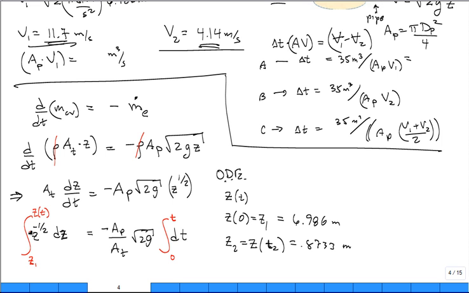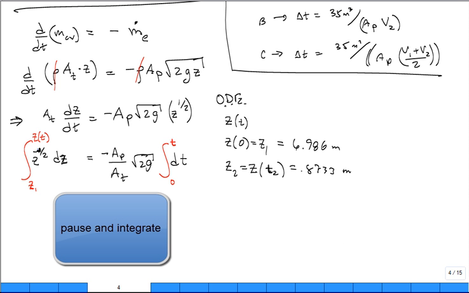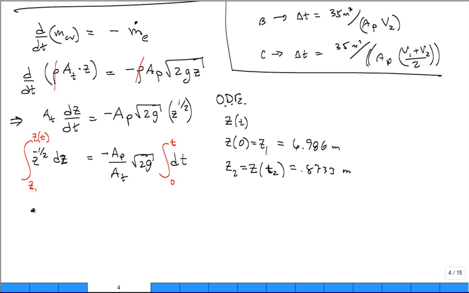If you put the correct limits on your integration, then you don't have to have a constant of integration and then use the initial condition; it's in the limits. Z to the negative 1/2. I'm going to pause because you've got to do it. All right, I think everybody that I checked had 2z to the positive 1/2.